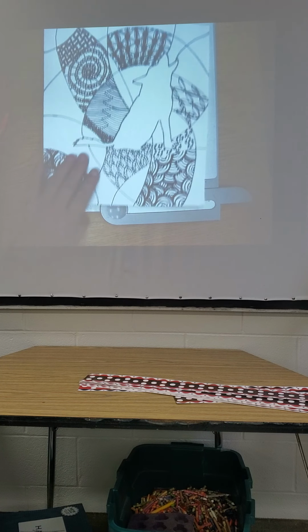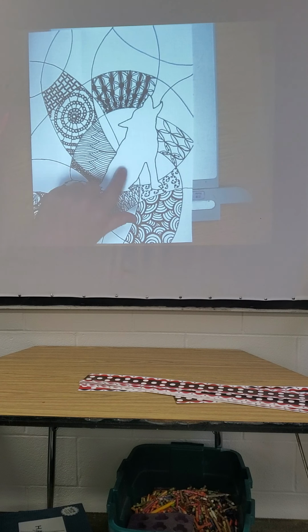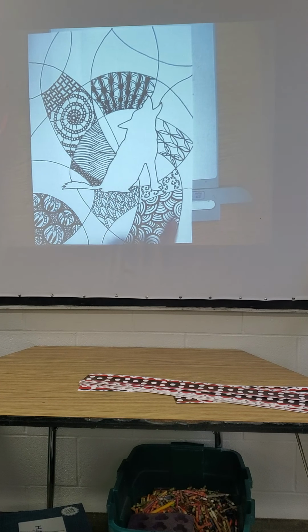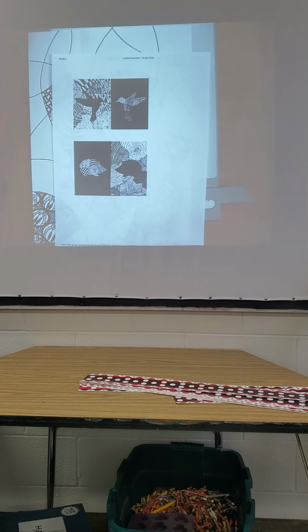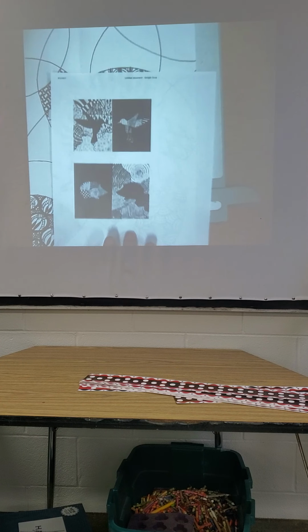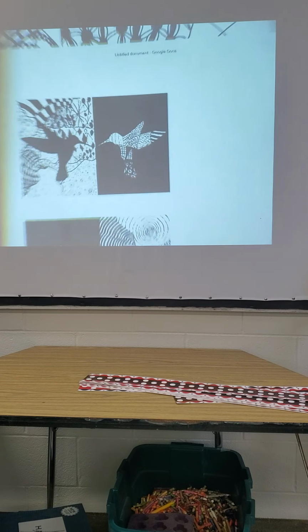So today, your first step is going to be to find what animal you are going to use, and then draw that animal and then split it up. When we get done with this, we're going to be doing positive and negative space.